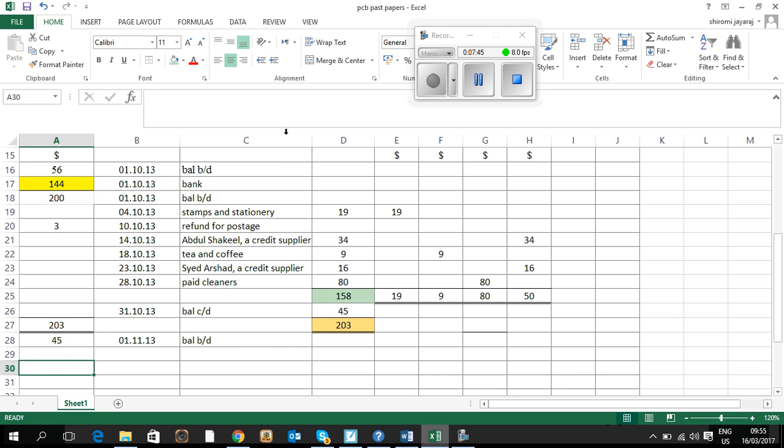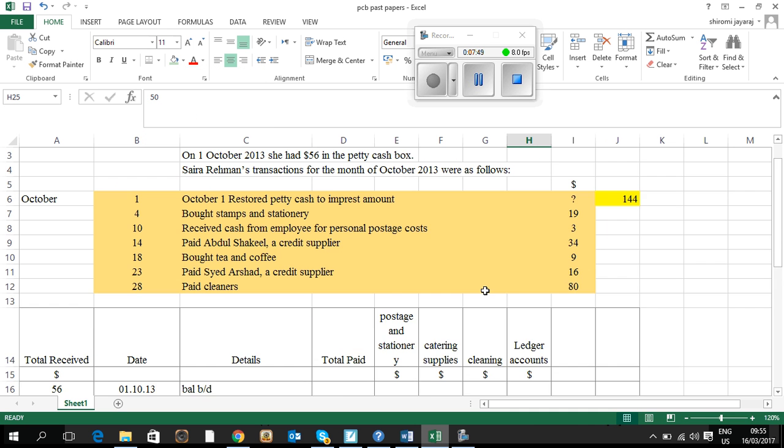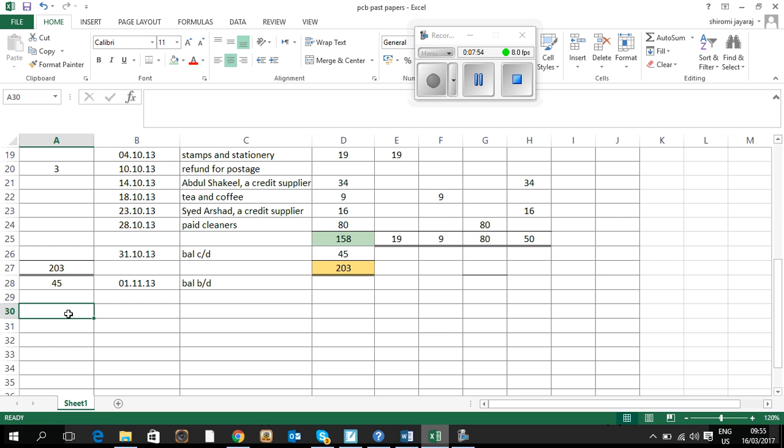The imprest every month would be 200 as per the question over here. It is 200. So it's a must for the petty cashier to maintain 200 in his petty cash at the beginning of every month. Balance brought down.